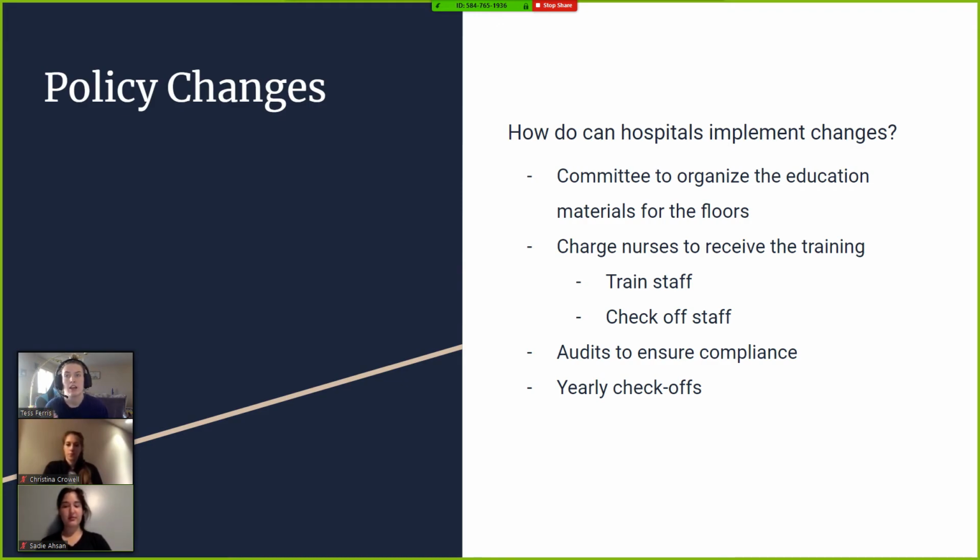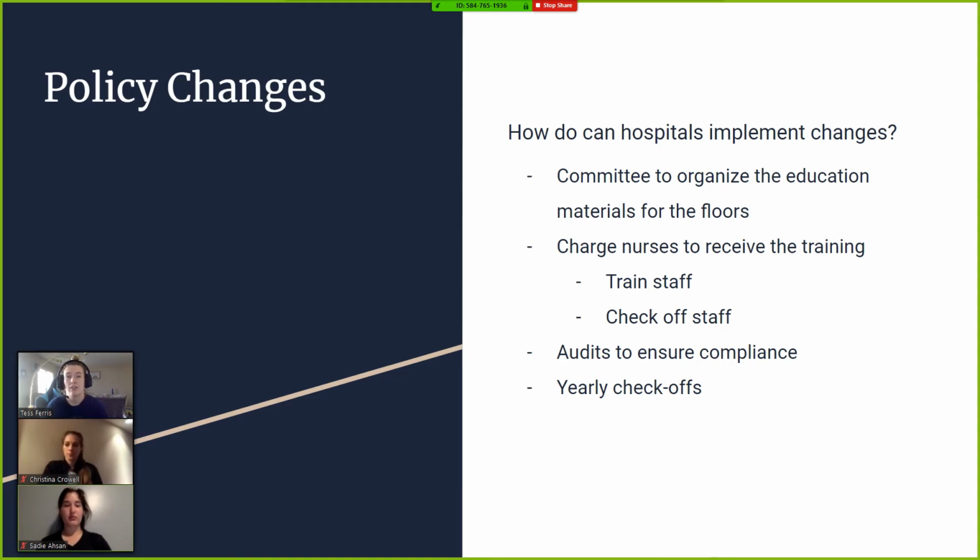I feel like if I'm in person and learning from my charge nurse, I will be able to put that into my brain and make sure that it's sticking rather than going through a module. And so after the charge nurse goes and trains the staff, they will then have to be checked off by the charge nurse to make sure that they are able to do the VAT bundle correctly.